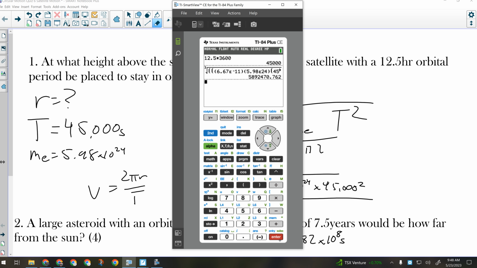Okay, so there is our complete center to center distance, but we only want how far above the surface, so we will take that number and subtract from it the radius of the Earth, 6.37 times 10 to the 6. Whoop. How can we be inside the Earth?